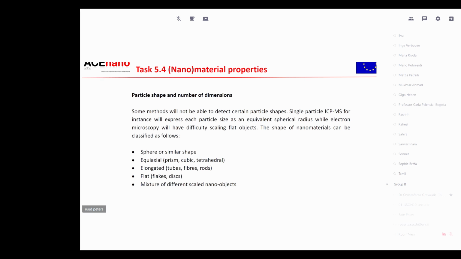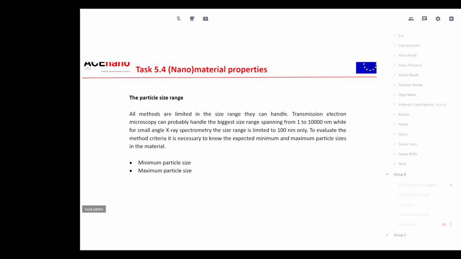And in the same way, electron microscopy will have difficulty scaling flat objects. So the shape of the nanomaterials can be classified as follows. It may be a sphere, it may be equiaxial, it may be elongated, it may be a flat particle, like the stainless steel platelets we analyzed some time ago, which was quite difficult even using electron microscopy. Or it may be a mixture of different scaled nano objects.